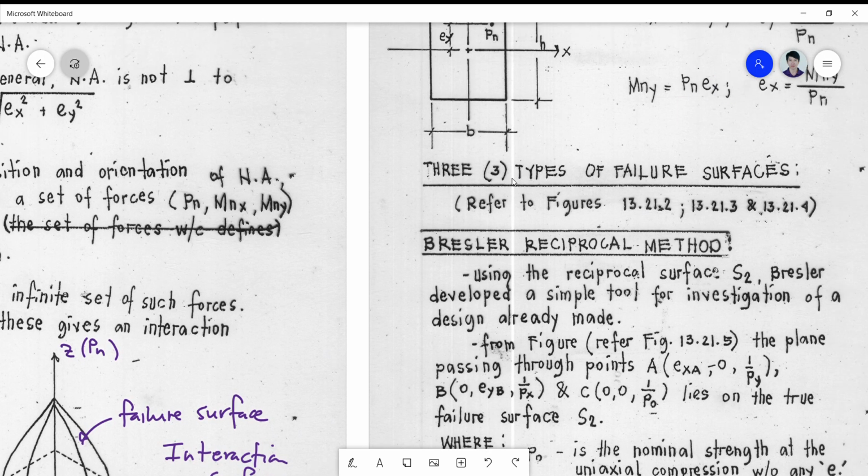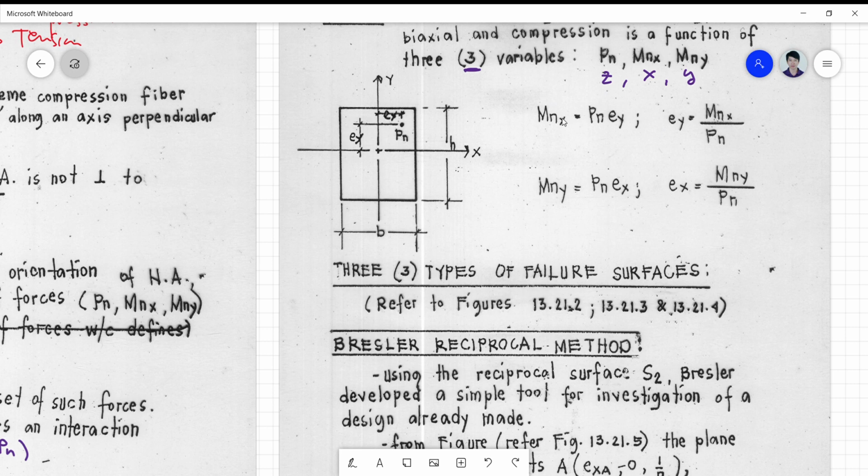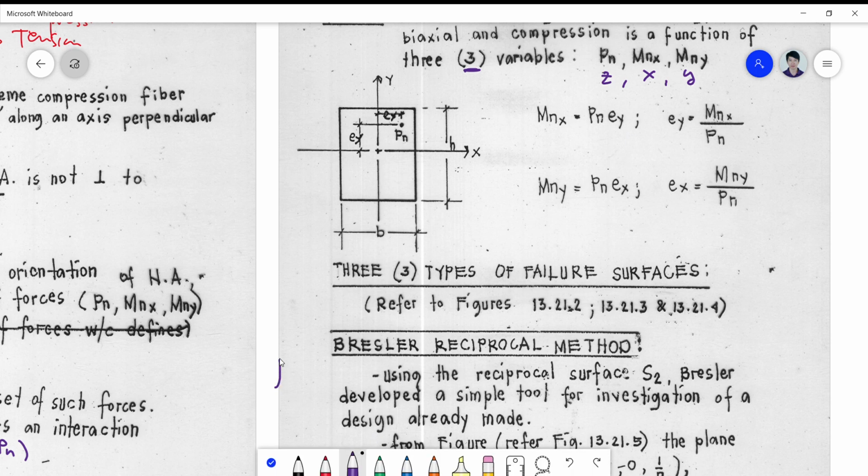So take note that here your definition for Mnx is about the x-axis. That's why your Mnx is simply Pn multiplied by ey. So this is the moment about the x-axis, the moment about the y-axis. And therefore, your ey and ex are obtained from this moment equation.